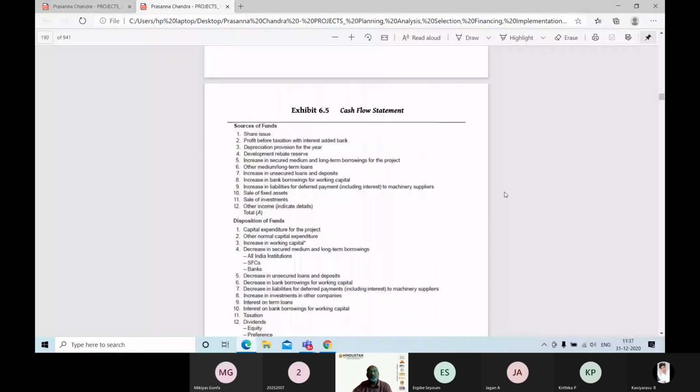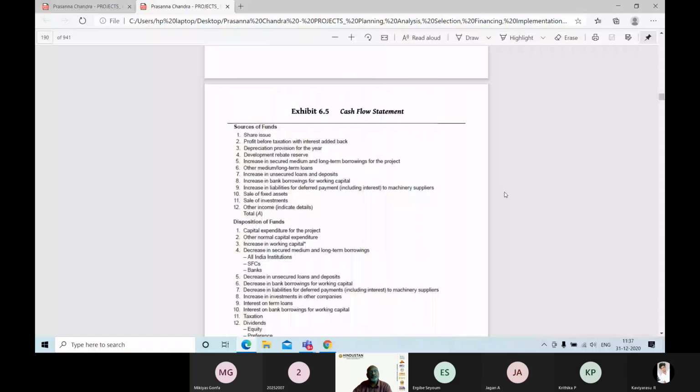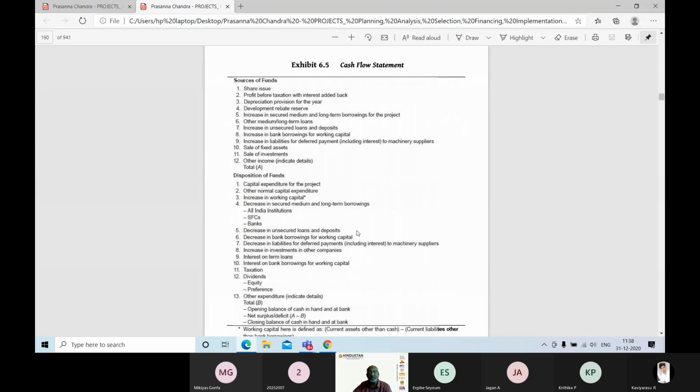Here, cash flow statement, sources of fund. For the sources of fund, there are a lot of points available: share capital, profit before taxation, depreciation. The headings are available accordingly, and they have to calculate them. Then the deposition of funds: capital expenditure for the project, other normal capital expenditure, like that.